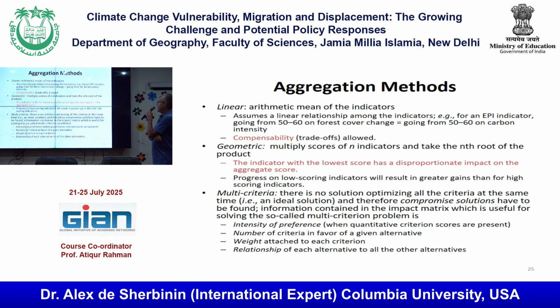We basically assume, implicitly, that with 100 being the high score on the EPI, going from 50 to 60 on the forest indicator is roughly the same as going from 50 to 60 on the carbon intensity indicator, the CO2 per GDP measure.